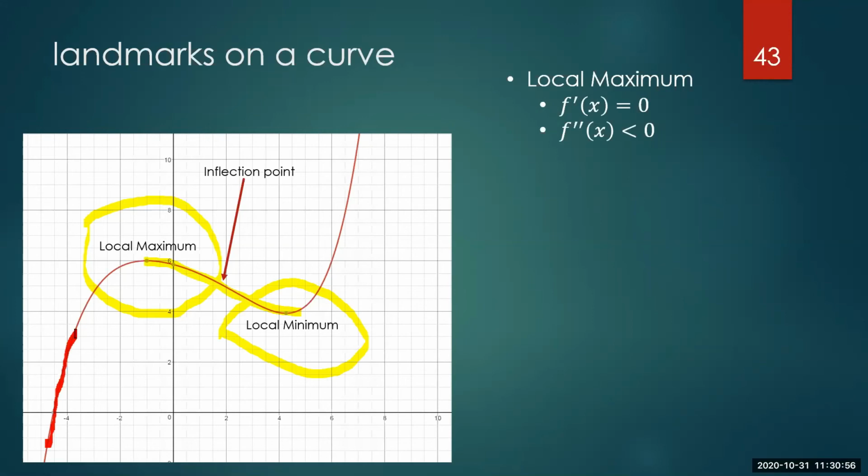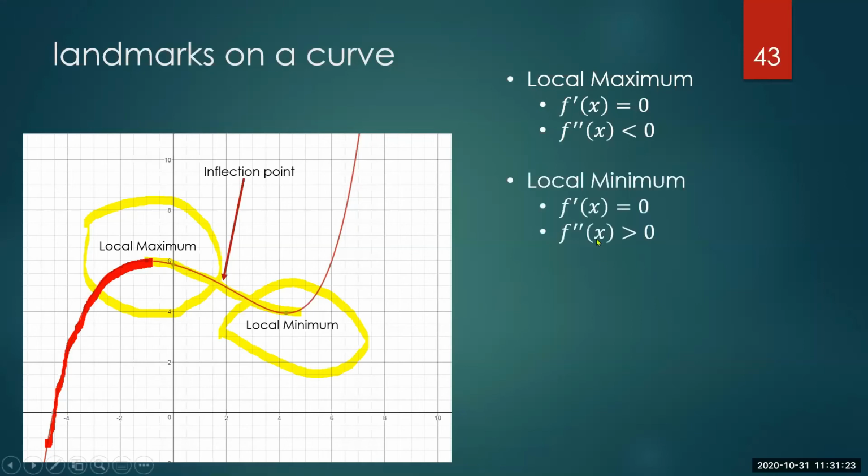So f dash of x is positive, but you can see that the slope gradually eases off until at the local maximum point, f dash of x is equal to 0. And so because the slope has been decreasing, f double dash of x all along this red area that I've highlighted is less than 0 everywhere.